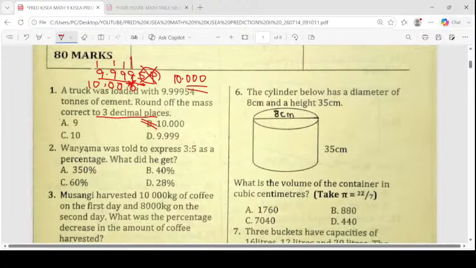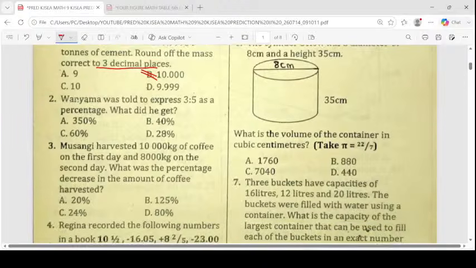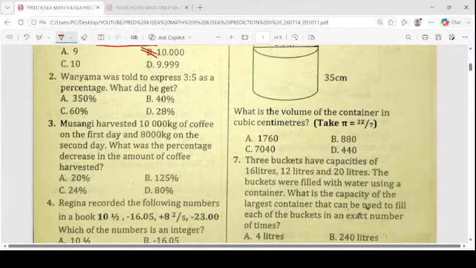Let us look at question number 2. Wanyama was told to express 3:5 as a percentage. What did he get?